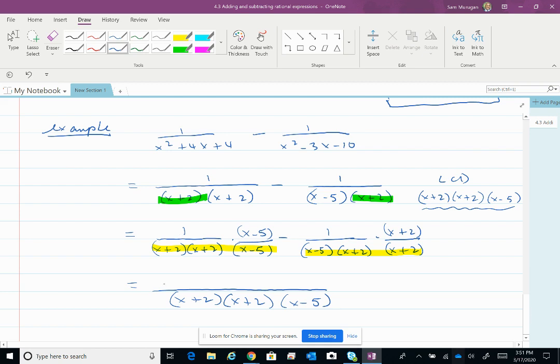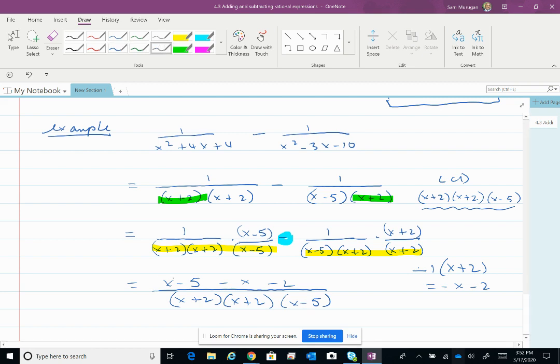1 into x minus 5 is x minus 5. And then we're distributing negative 1 here. So this is, if I want to write this on the side here, negative 1 into x plus 2, which when we distribute is negative x minus 2. So negative x minus 2.